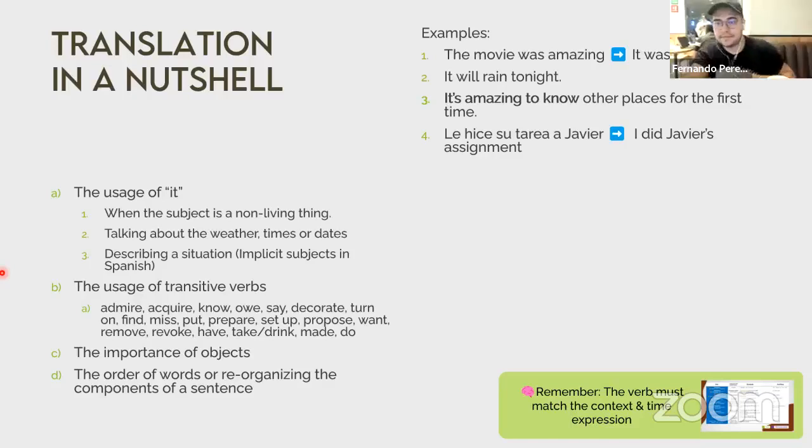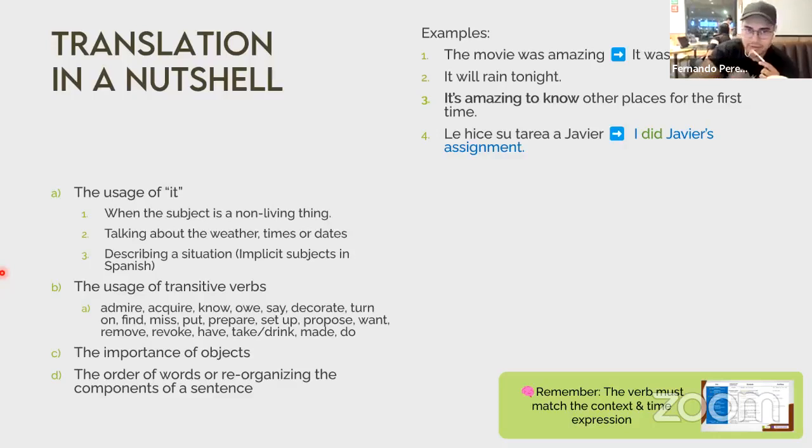Exactly. That's correct. Here we have the subject, which is "I." Then we have "did," which is the verb. And then we have "Javier's assignment," which is the noun. There are a lot of extra words that we don't need.